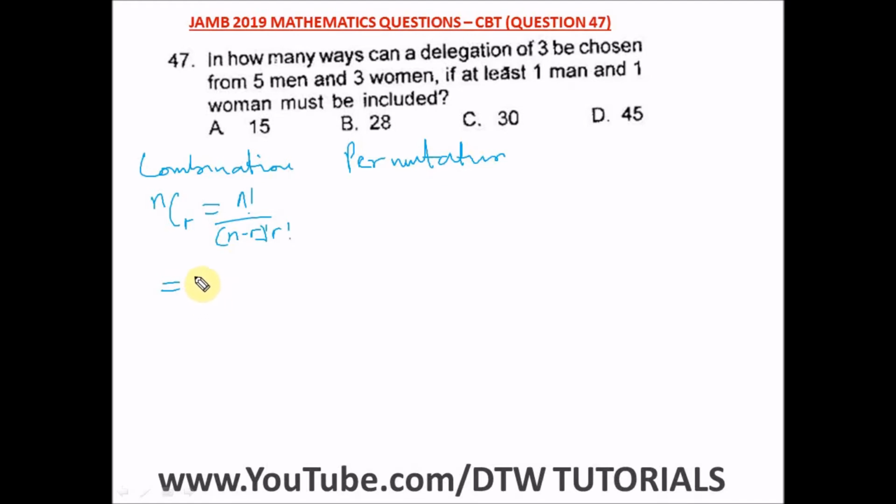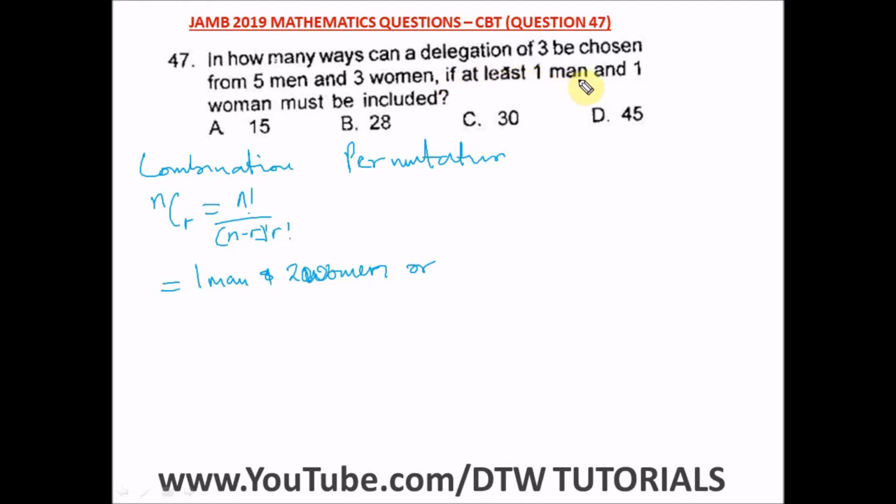So it means the first selection must be 1 man and 2 women, or we have 1 woman and 2 men.